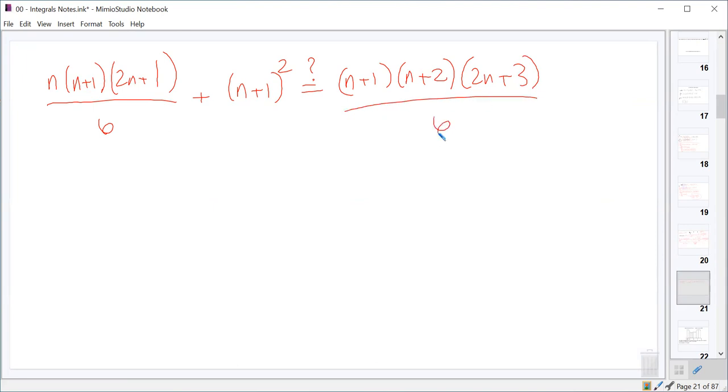So on the left-hand side, we're going to need to distribute all this stuff out. So n times n plus 1 is n squared plus n. And then we've got that times 2n plus 1 all over 6.